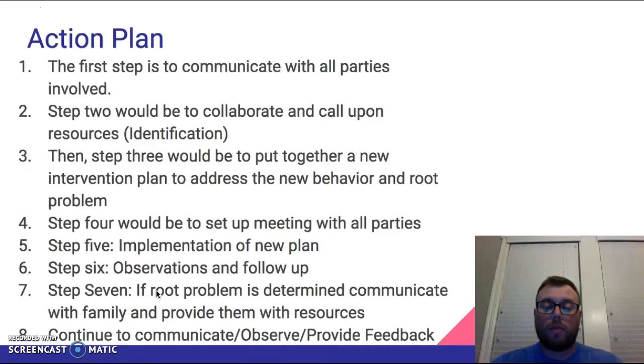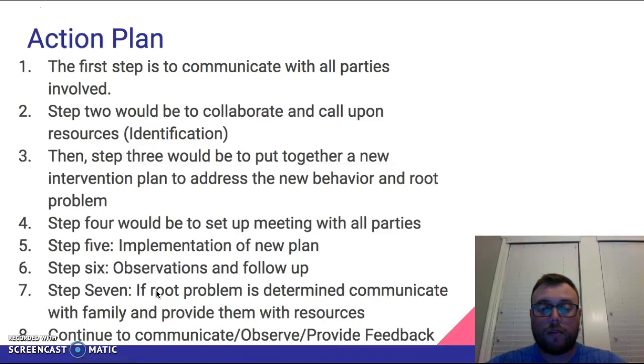Step 3 would be, after we've collaborated and determined what we believe could be the cause of it, to come up with some strategies that we believe could be effective, then put those strategies on paper and develop our intervention plan. Step 4, I would set up a meeting with all the parties to go over this intervention plan.